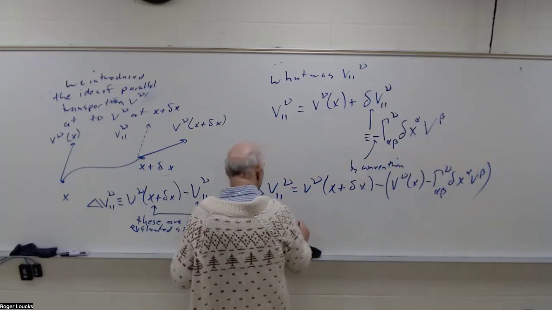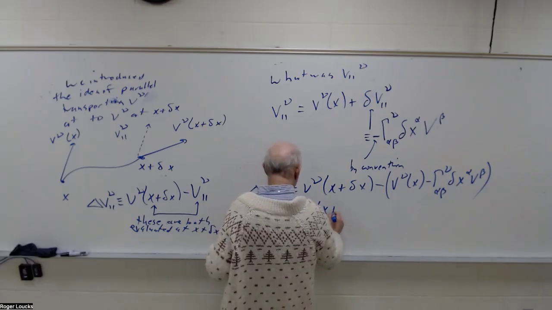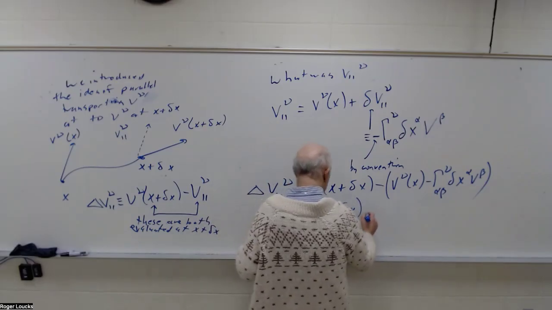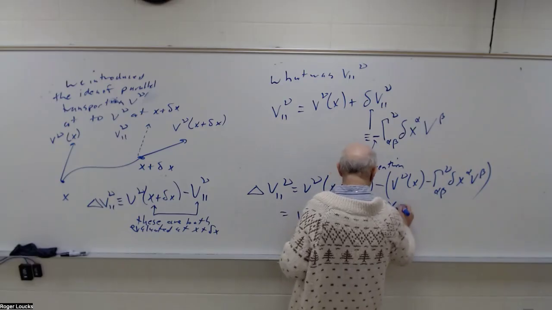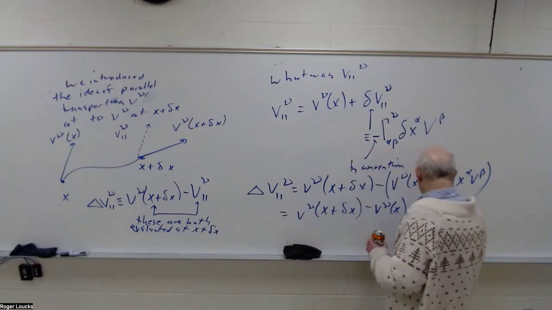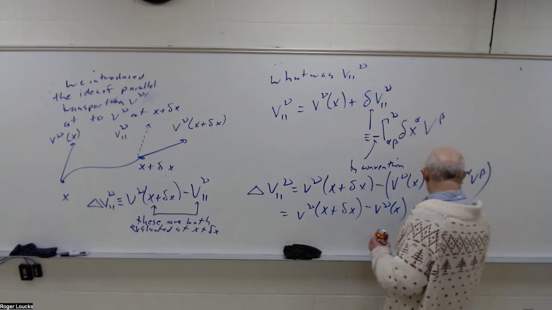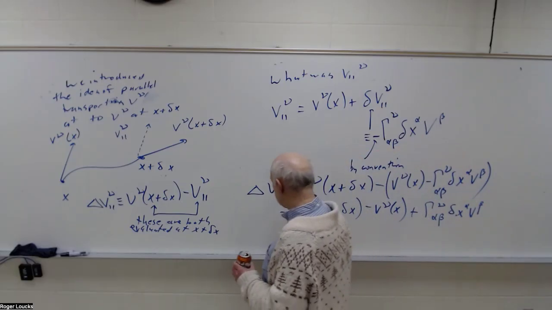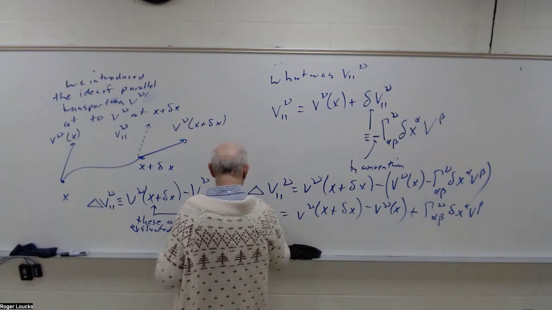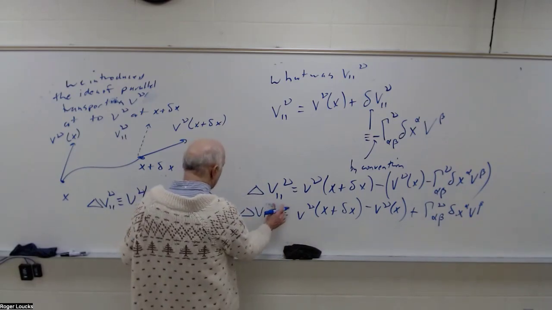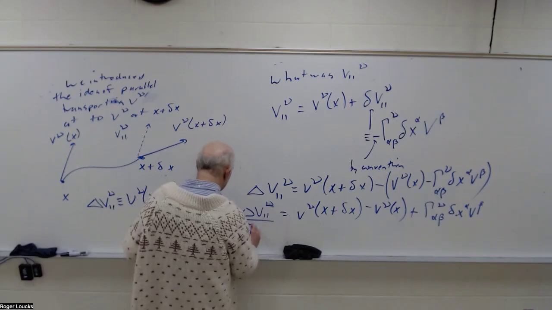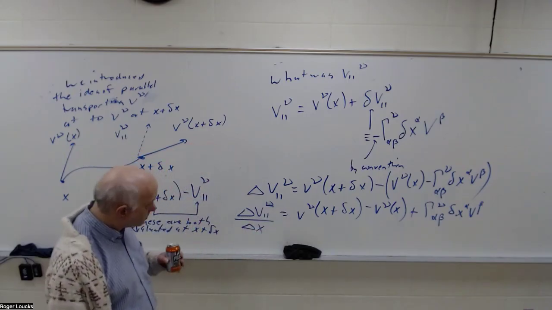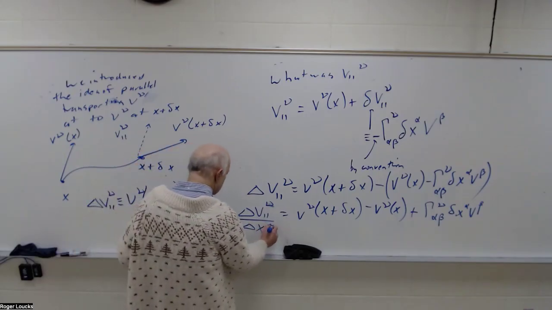We rewrote this. Minus minus become plus. And then we did one other thing. We divided this by some direction here, some component, let's say delta X mu.